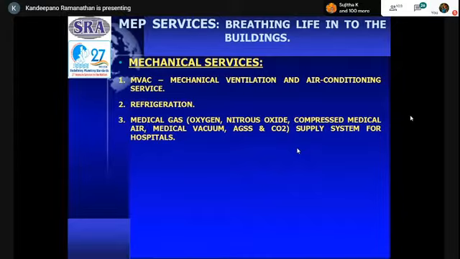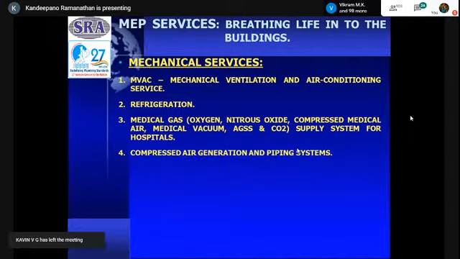Even though they are all different gases by name, as a combination they are called medical gas, because in a hospital environment all these gases are supplied at the same point in every room or operation theater wherever required. So design of these systems comes under mechanical services.